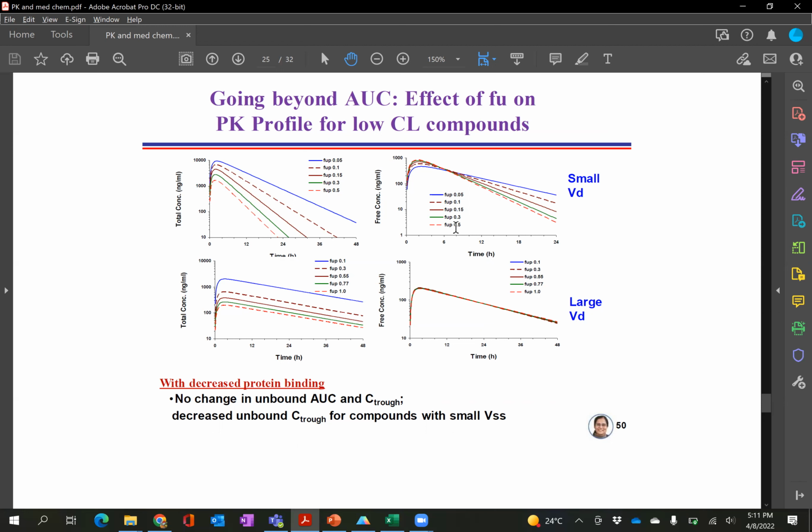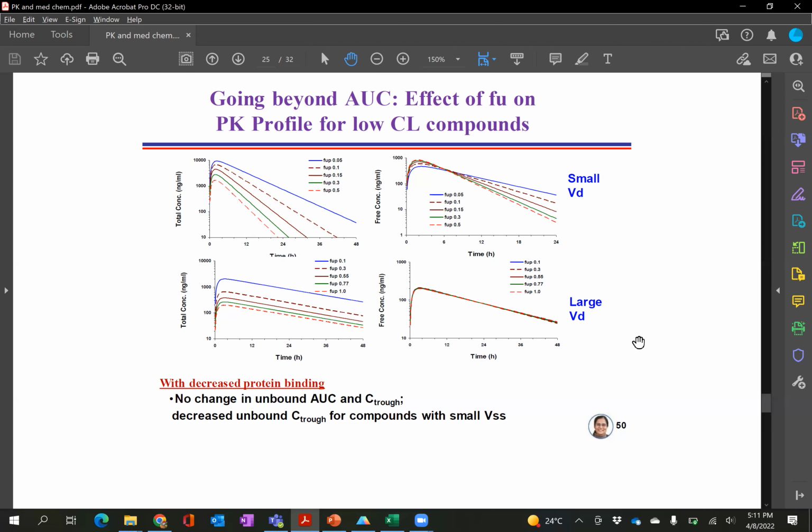I think I understood this yesterday. No change in unbound AUC and Ctrough with decreased protein binding. Let me see. No, I think that's for large volume of distribution.